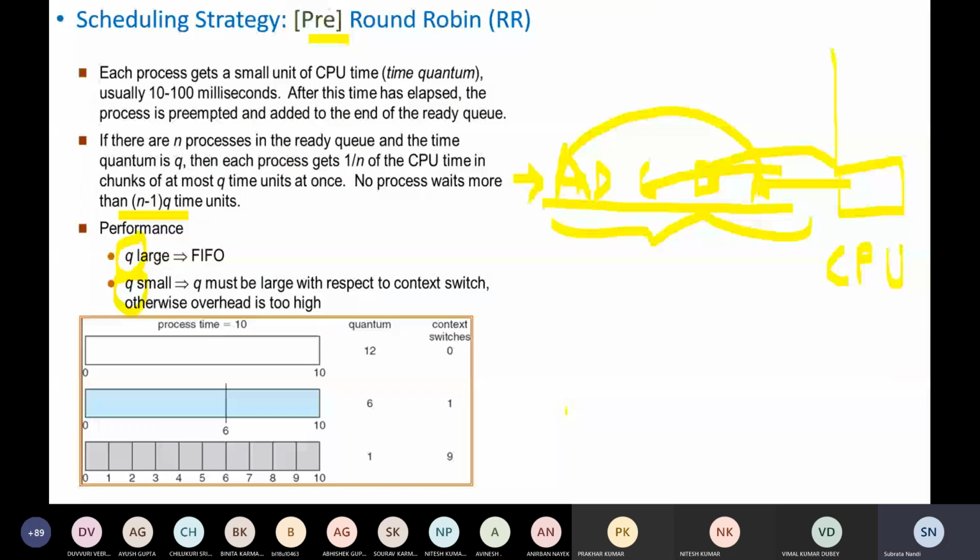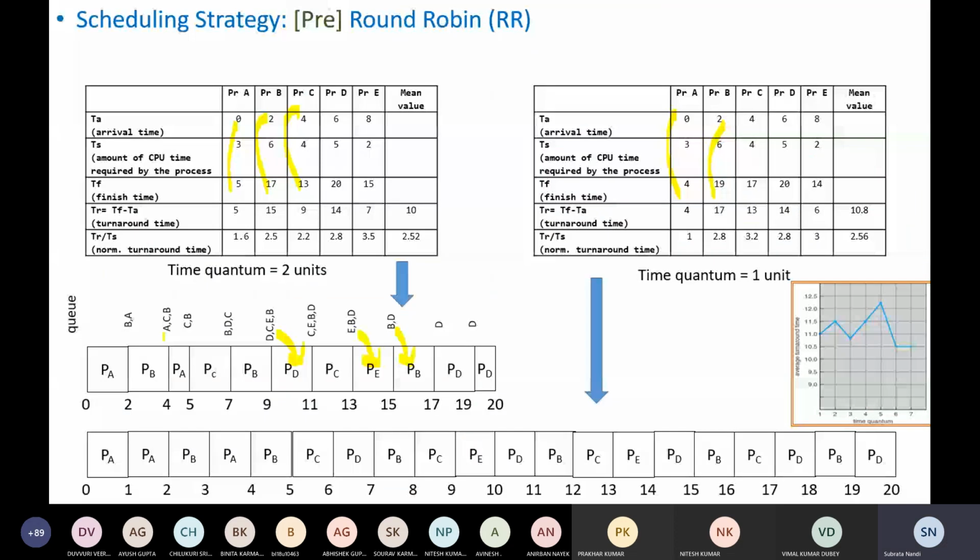So what we find is that RR's performance is even inferior compared to those algorithms.